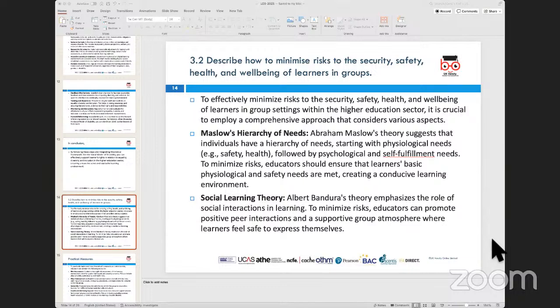And last but not least, when we look at the social learning theory, what we are looking at is that the interaction which happens between the students when they're put together into groups leads to cognitive, behavioral, and positive environmental influences. That means children, students, learners are able to develop and learn something by imitating and observing the behavior of other students in that particular group or classroom.